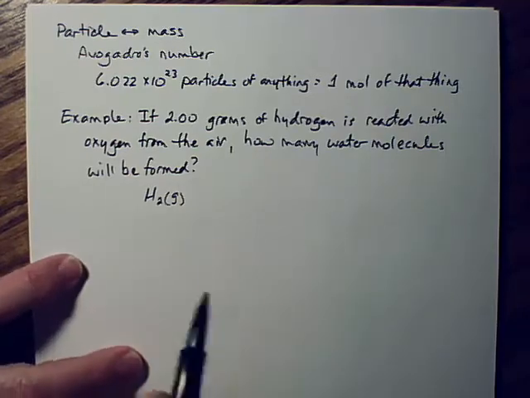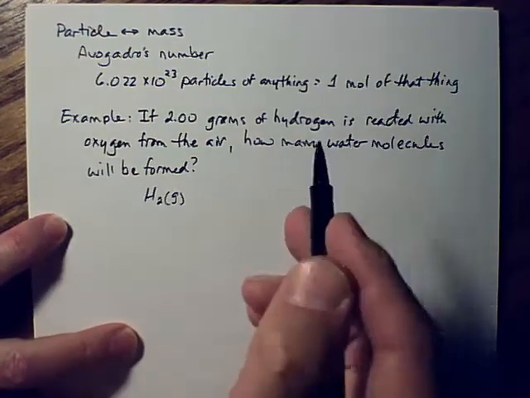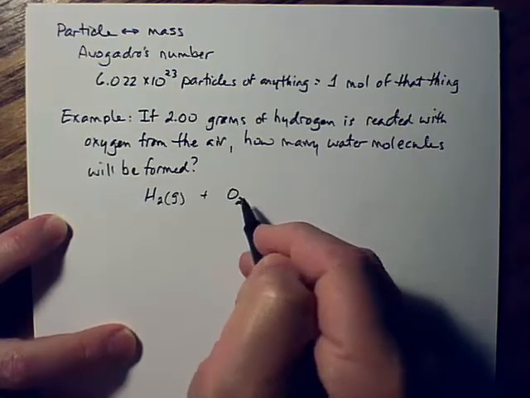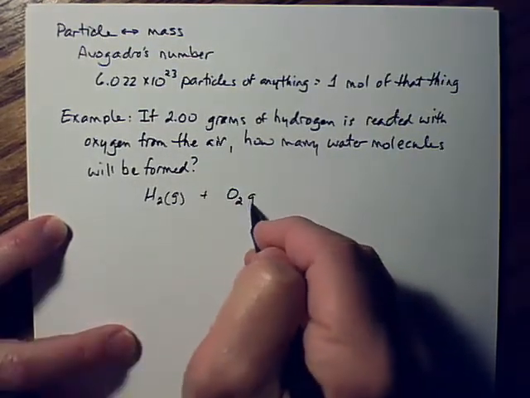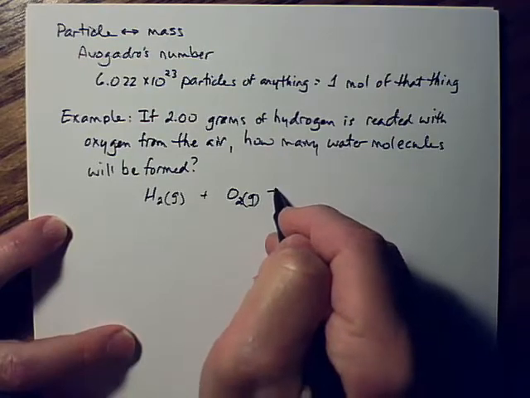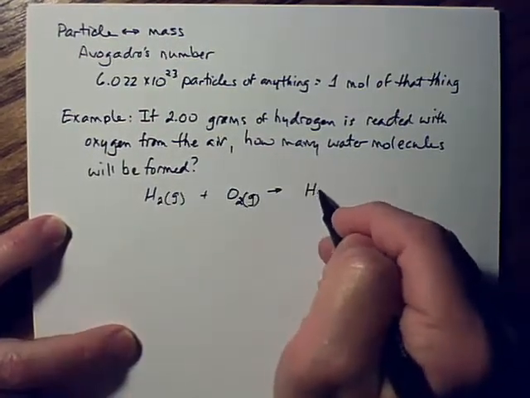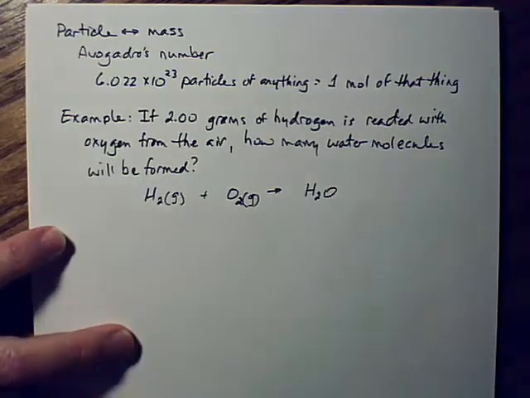Okay? All right. So H2, we're going to react it with oxygen, and it's also, as I said, one of those diatomic gases. So it's O2 and the gas. And we're going to react that together to make water, and we all know that's H2O, I hope.